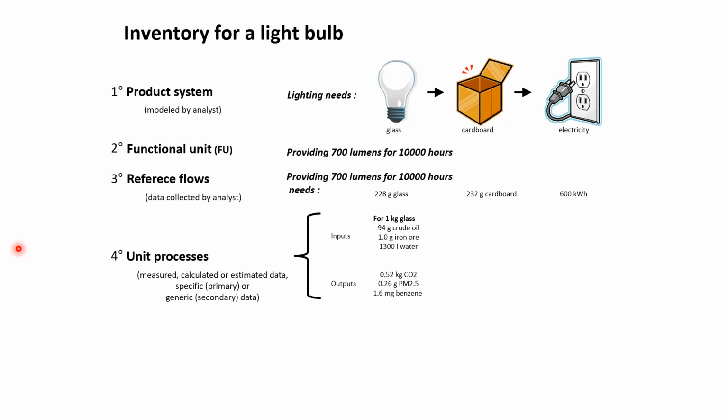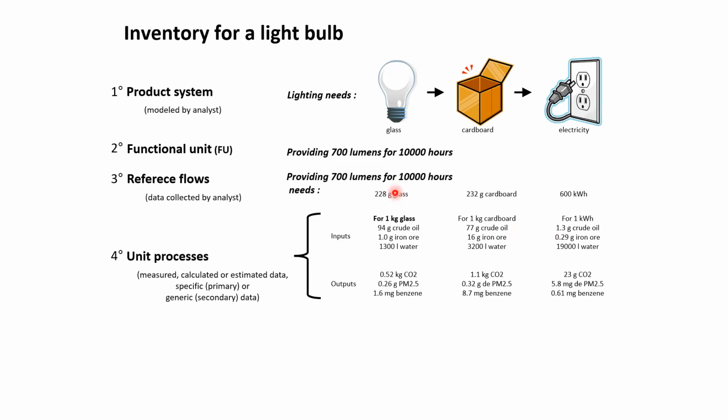This is just three parameters provided for both input and output, but the list is much longer than that. Here for comparison purposes, only 3 items, and the same three items have been provided. So for 1 kg of glass, you need this much crude oil, this much iron, this much water, this much CO2 emissions, PM 2.5 emissions, this much benzene emissions, and the same thing for the cardboard and the 1 kilowatt hour of electricity.